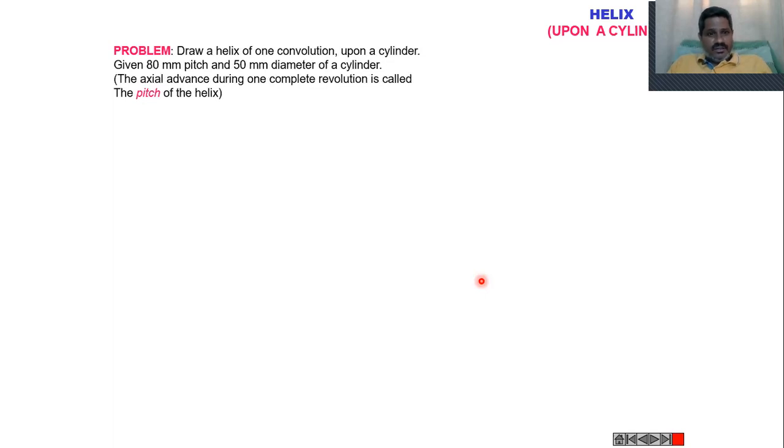Now let me take one problem. Draw a helix of one convolution upon a cylinder, given 80 mm pitch and 50 mm diameter of the cylinder.